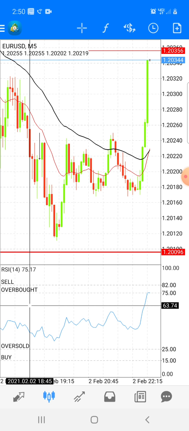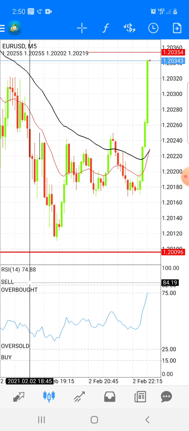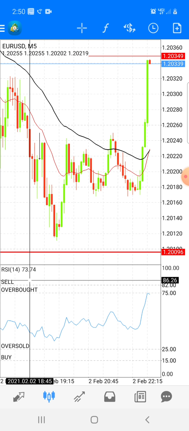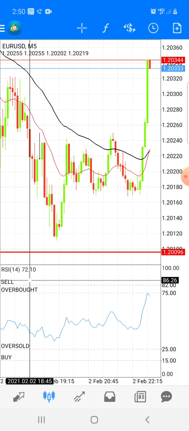If you look at M5 right now, it's at 74.75 RSI. That's a great indication that your USD is going to drop sometime soon.